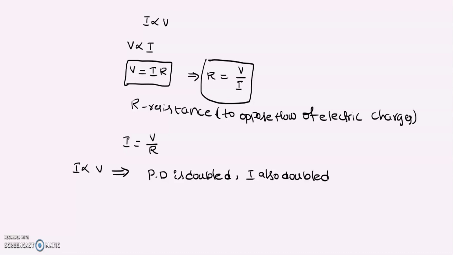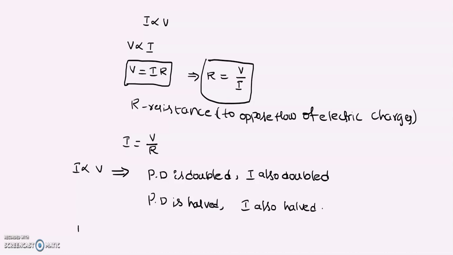If the potential difference across the ends of a conductor is halved, then the current is also halved.